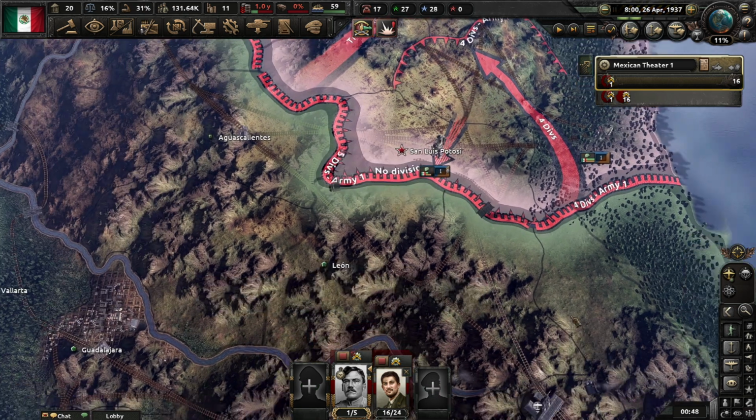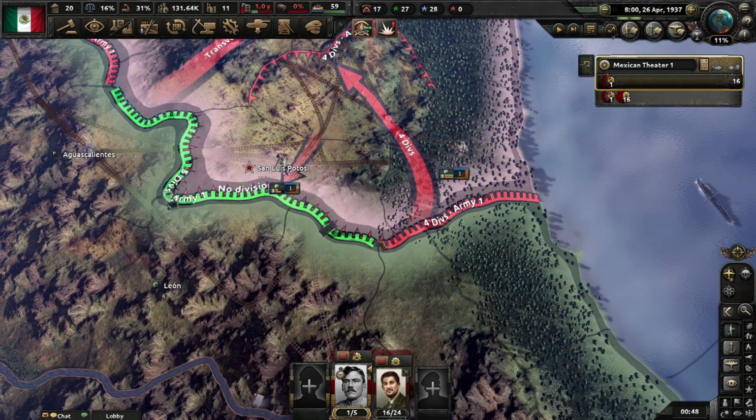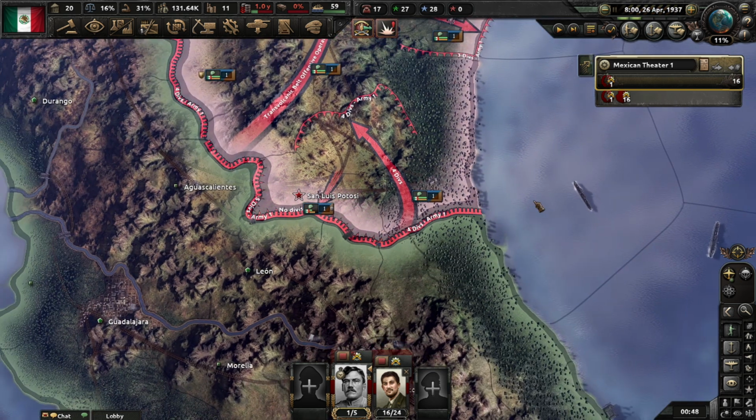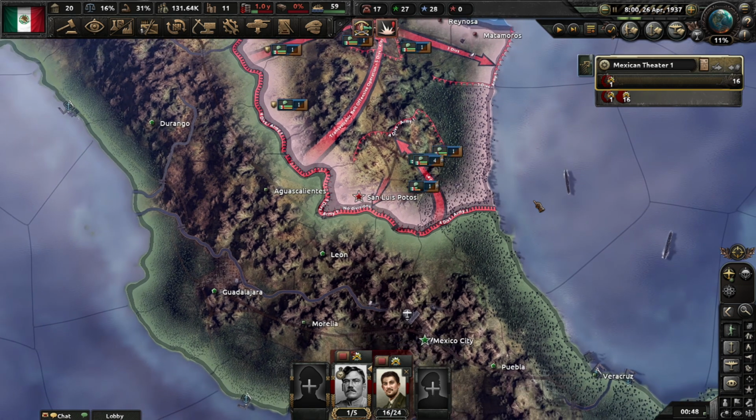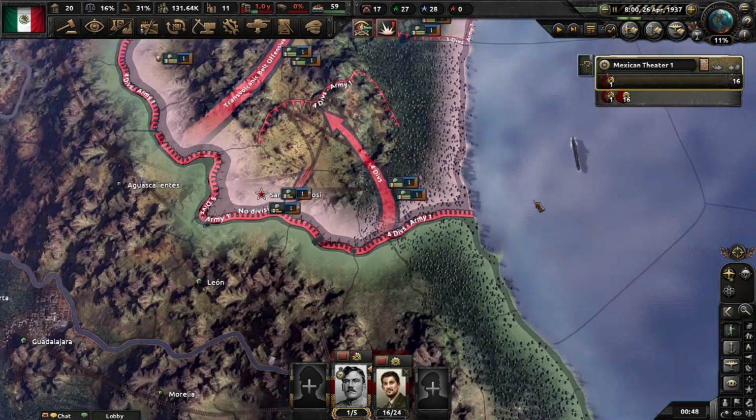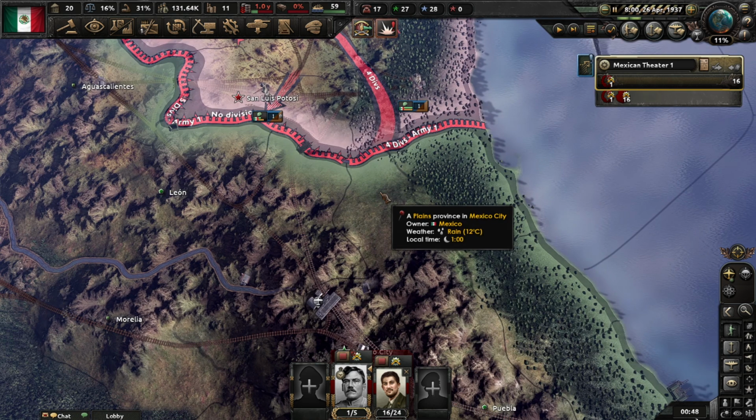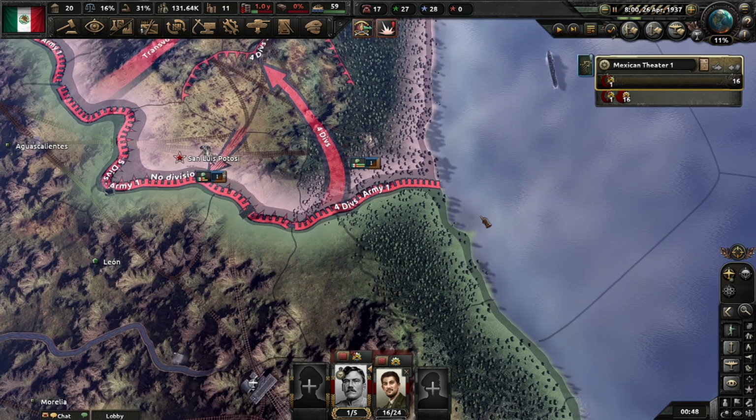So you've got 2, 3 divisions. This is so the AI won't try and rebalance for you, which will eliminate all entrenchment penalties. And yeah, and then you've got your 2 infantry divisions on the plains where the enemy is trying to march into.